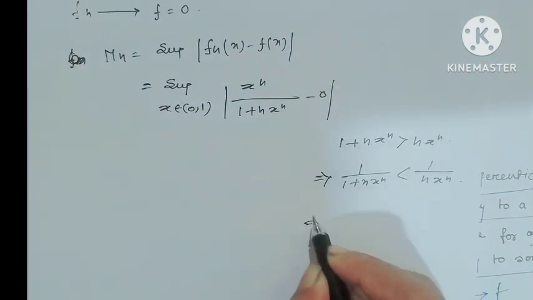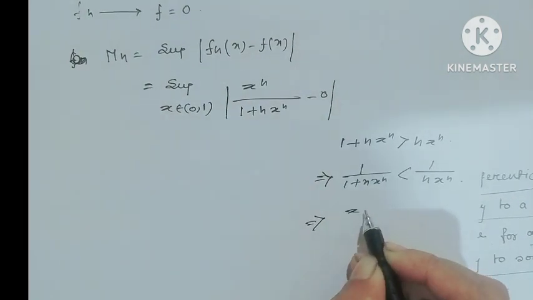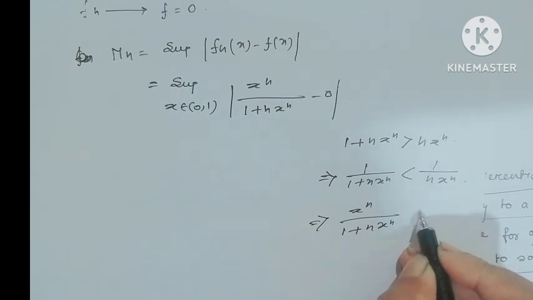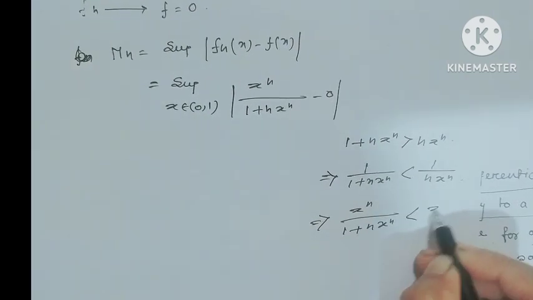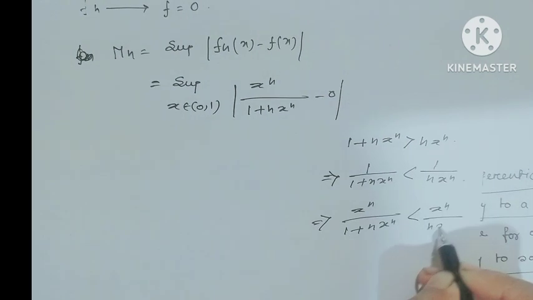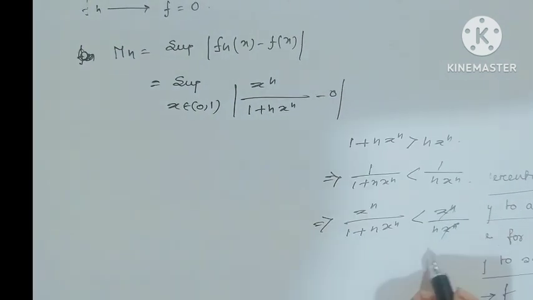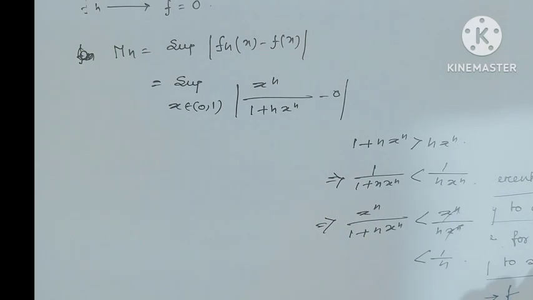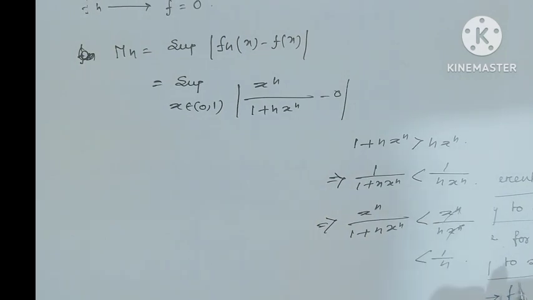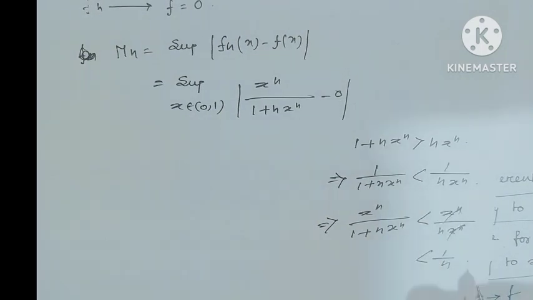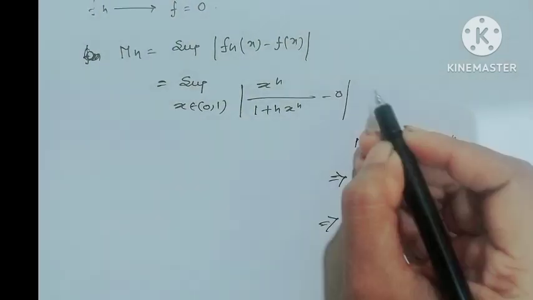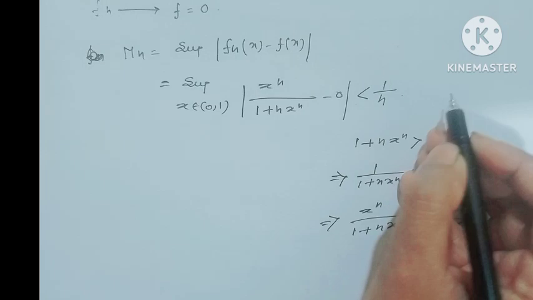Multiplying both sides by x to the power n, x to the power n over 1 plus n x to the power n is less than x to the power n divided by n x to the power n, and this value is less than 1 over n.